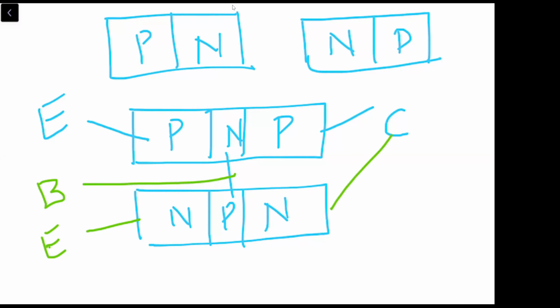Now, the first P or N is the emitter, which is heavily doped. The middle one, the base, is lightly doped, and the size of the base is comparatively very, very thin as compared to the emitter and collector. And the collector on the other end is moderately doped. Okay.